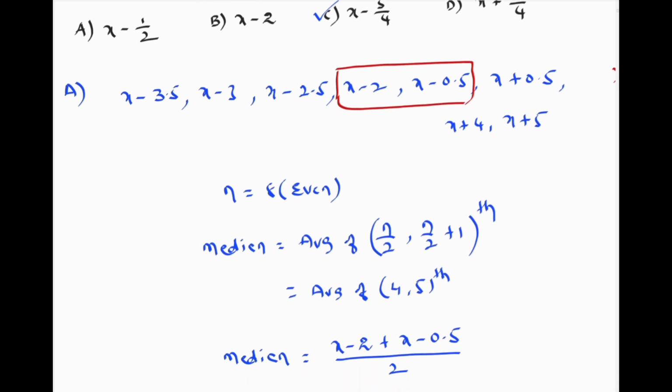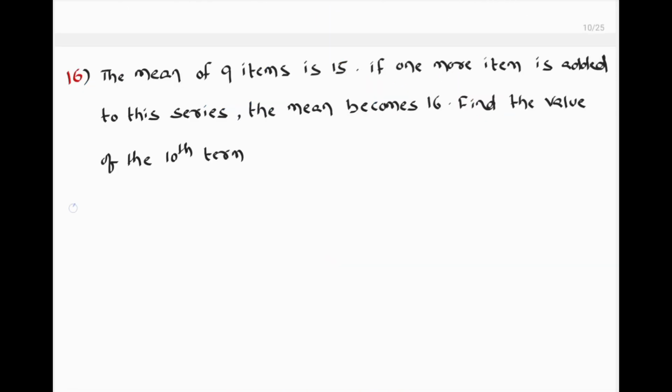So in the problem, the mean of 9 items. The number of items is 9, their mean is 15, so the sum of 9 items is equal to the number with the mean, so 135.